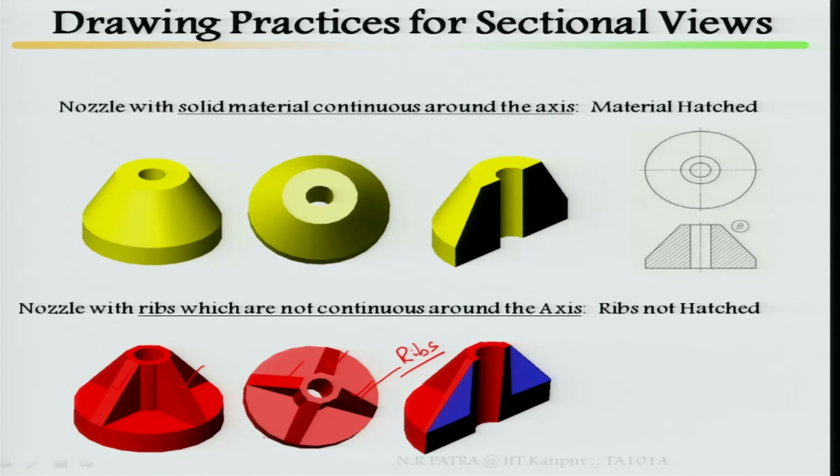So in this case ribs are not hatched, but here the nozzle is with solid material continuous around the section, that means the entire material has been hatched. If you look here, only the material is hatched and this is not hatched, no sectioning.